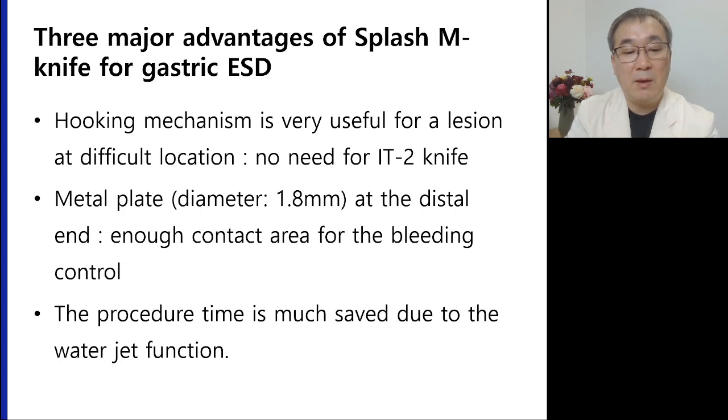Second, the metal plate at the end of the Splash M knife provides enough contact area for the bleeding control during the ESD procedure. Finally, the procedure time is much saved due to the water jet function.